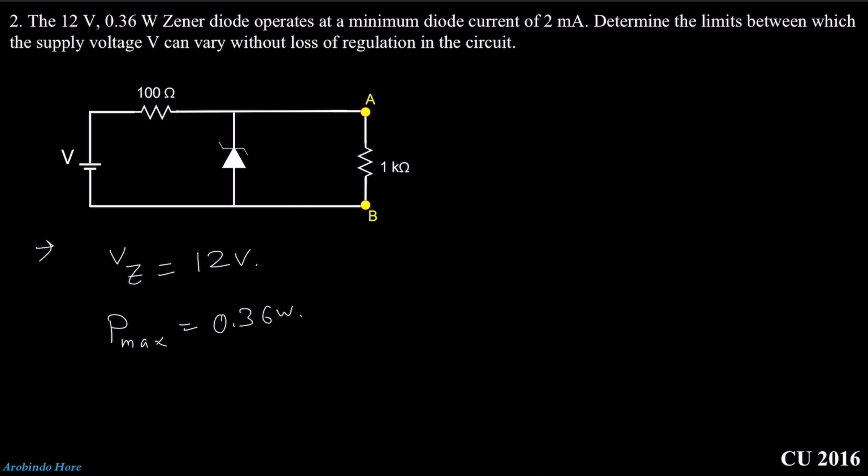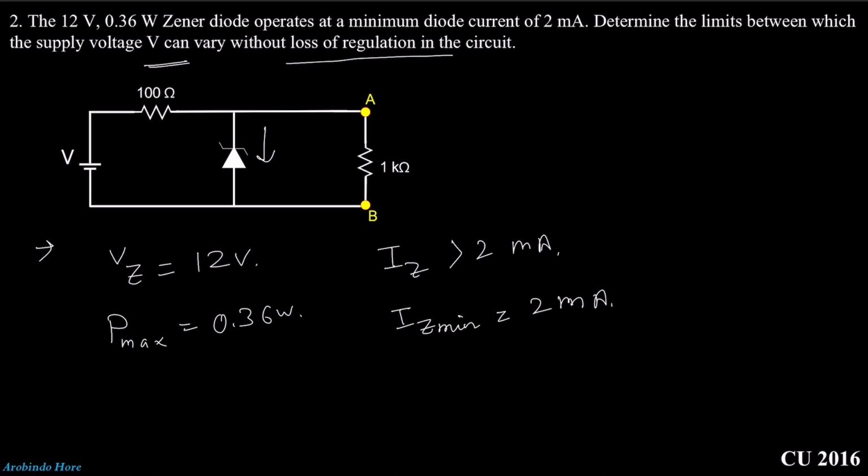That means the Zener diode will turn on when IZ is greater than 2 milliampere, so we can write IZ minimum is equal to 2 milliampere. Determine the limits between which the supply voltage V can vary without loss of regulation. That means the Zener diode should be turned on. The Zener diode will act as a voltage regulator when it is on.